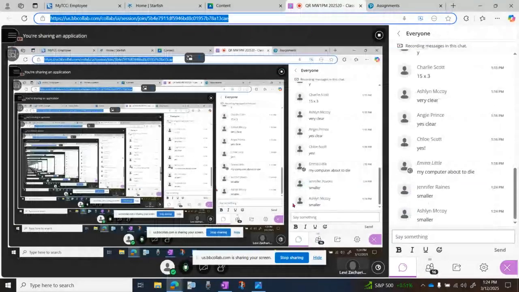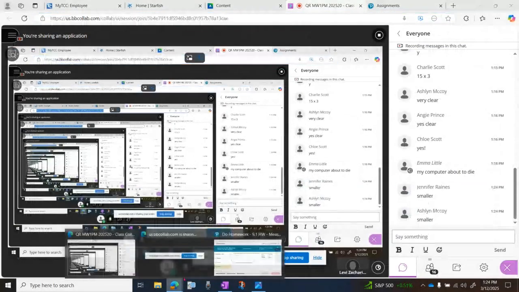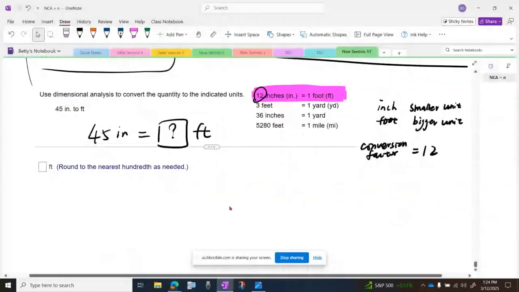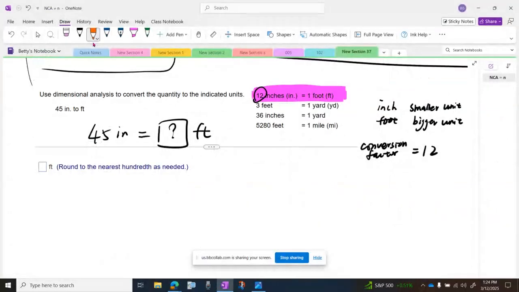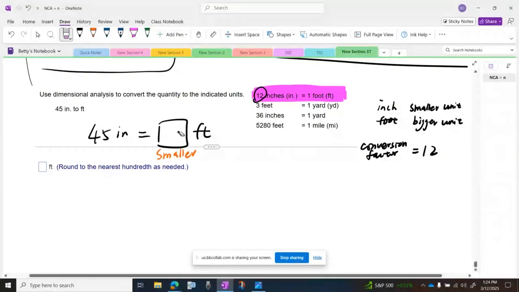Exactly, thank you. I appreciate that you are paying attention. We need a smaller number. You can take notes, whatever keywords could help you manage the information. So we need a smaller number, smaller than 45. We start with the 45, the number that is given.